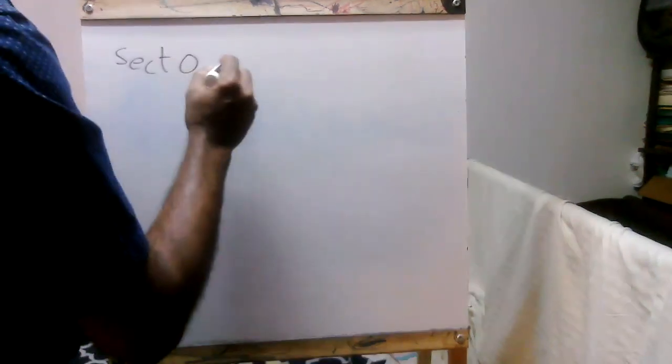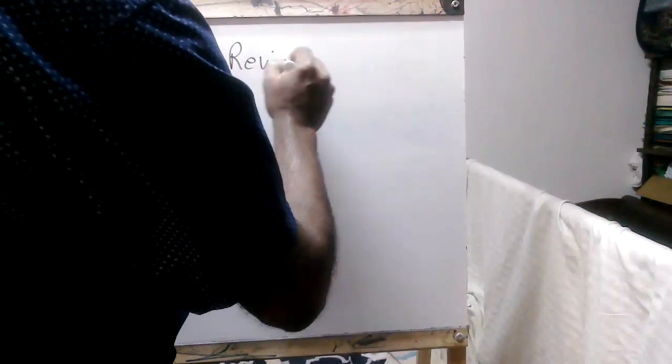It's in your book, under section 0. Section 0: Review basics.